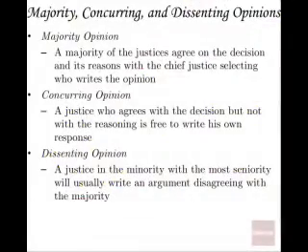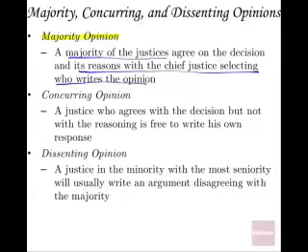So, majority, concurring, and dissenting opinions. Majority opinion is exactly how it sounds. A majority would be at least a 5-4 decision. Basically, the majority is what the majority of the court feels. This is when a majority of justices agree on a decision and its reasons, with the Supreme Court selecting who writes the opinion.